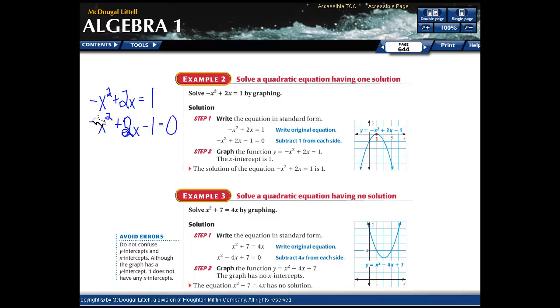We never have a negative lead coefficient, so we need to factor that negative 1 out. If we factor that negative 1 out, I will be left with an x squared minus 2x, and take a negative 1 out of there, makes that a plus 1.